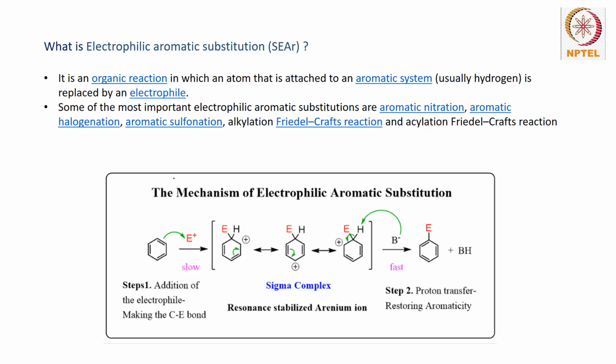By this one we will finish substitution and elimination. After that we will move into the theoretical concepts of reaction mechanisms, where we will discuss different principles like the Hammond principle and all, in the next upcoming classes.